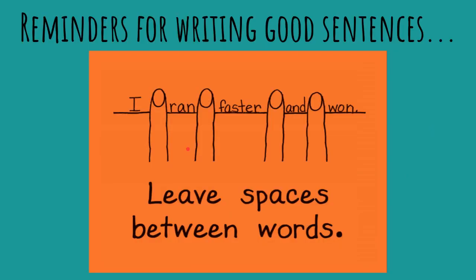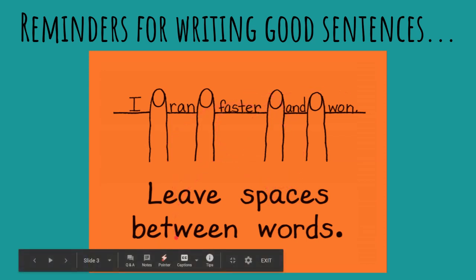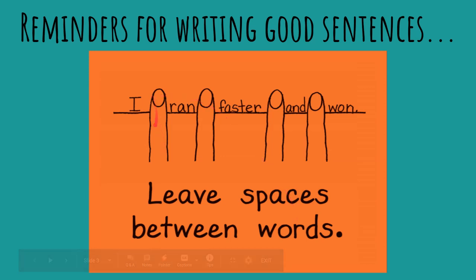All right, so let's do a few of our reminders for writing good sentences. These are the same as last week because this is something that all kindergartners need to work on and remind themselves of, and sometimes I do too, honestly. So the first one is leave spaces between words. If you don't leave the spaces between words, your sentence will sound very funny like this.